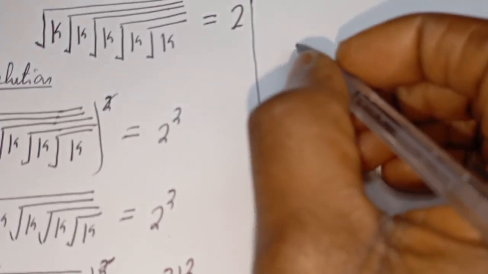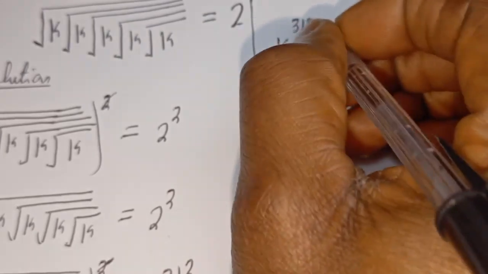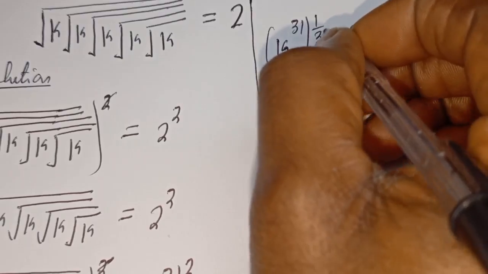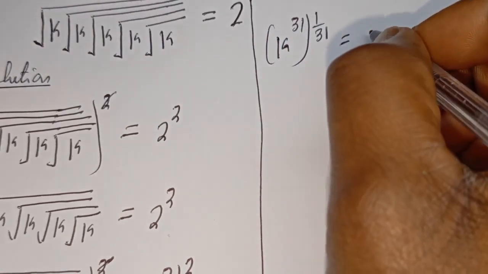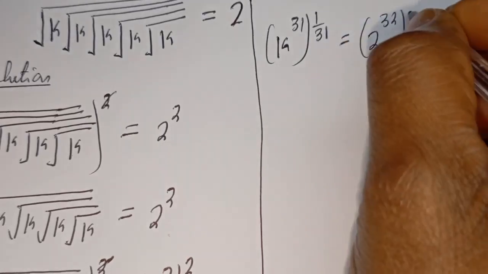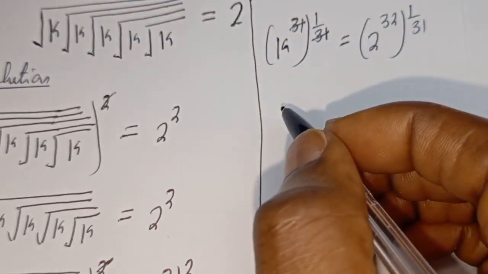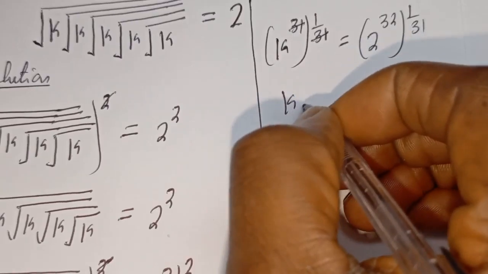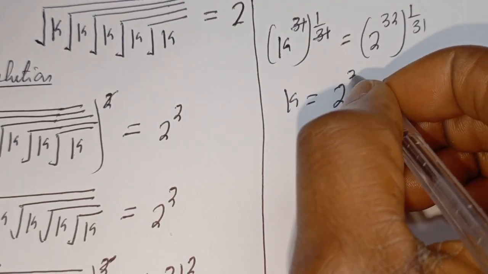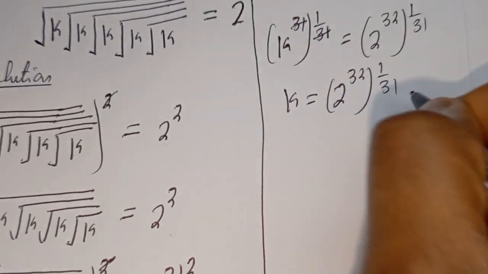Then we have k to the power of 31 to the power of 1 over 31 is equal to 2 to the power of 32 to the power of 1 over 31. This will cancel this. Then k is equal to 2 to the power of 32 to the power of 1 over 31.